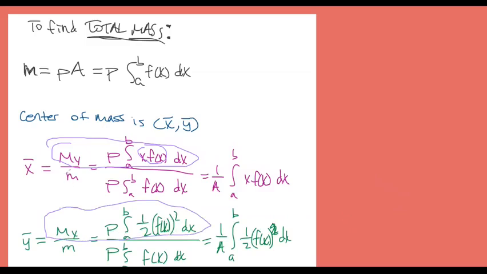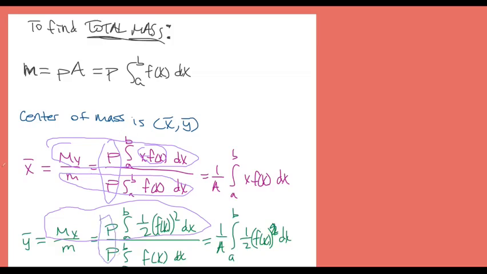And then as you can see, to find the total mass, we just do density times the function and we don't do anything to it. So once again, for My, x times the function. For Mx, 1/2 times function squared. For just the total mass, just the function. And all of them are multiplied by density. If you notice, the densities are in the numerator and denominator, so they'll end up canceling out.